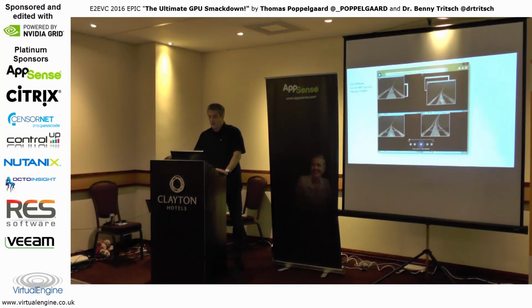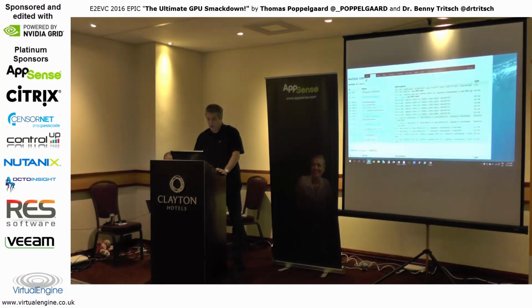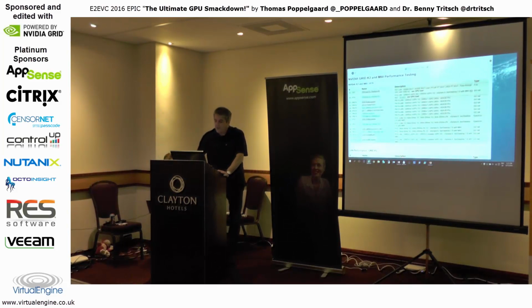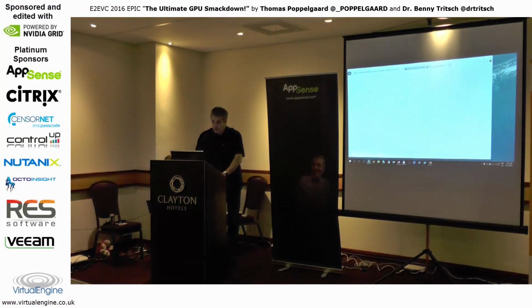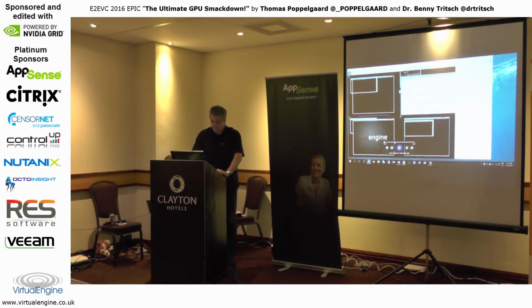Now, in order to take a look at all that, we want to switch to the comparison videos. What I want to show you first is an OpenGL rendering with a K2, just to get an idea of what the performance is. In the upper left, it's a bare metal implementation.